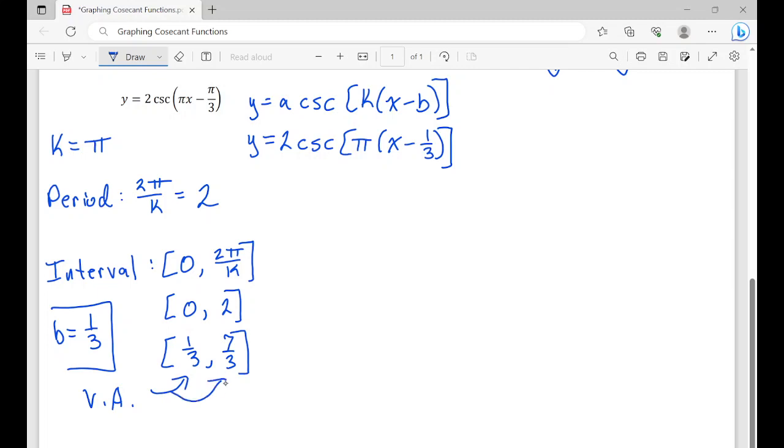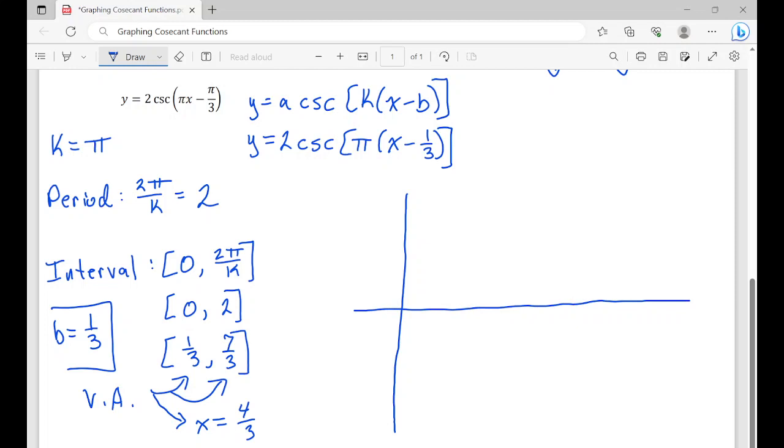1/3 and 7/3. But I also have another asymptote in between here, the one directly in the middle between 1/3 and 7/3, which will be x equals 4/3. So this is my third asymptote. And now I can graph my equation. Now it's going to be a little bit odd because I'm graphing numbers instead of using pi, but again, treat it just the same.